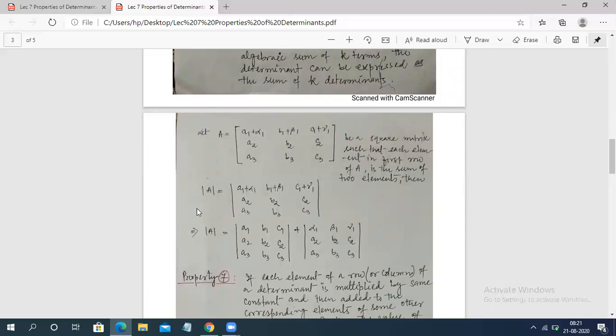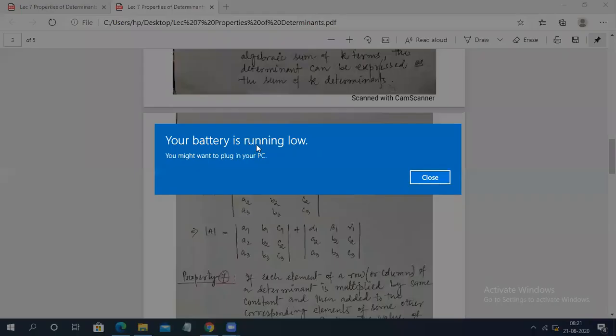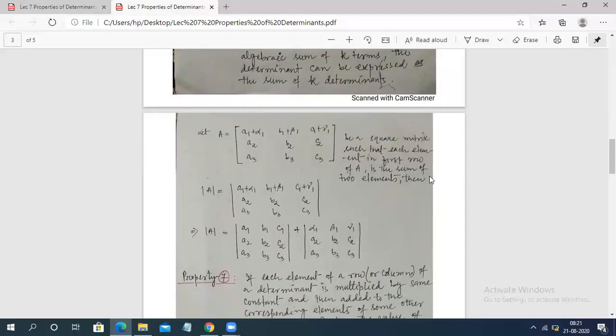Now its determinant value A will be equal to A1, A2, A3, B1, B2, B3, C1, C2, C3 with positive sign, plus alpha 1, A2, A3, beta 1, B2, B3, gamma 1, C2, C3.